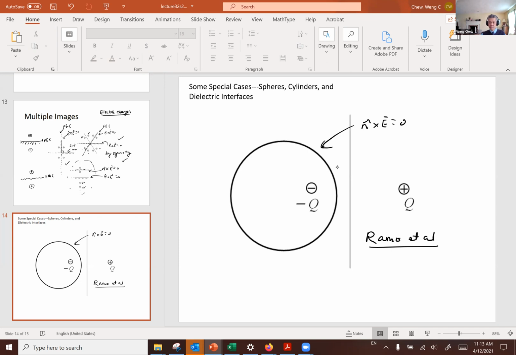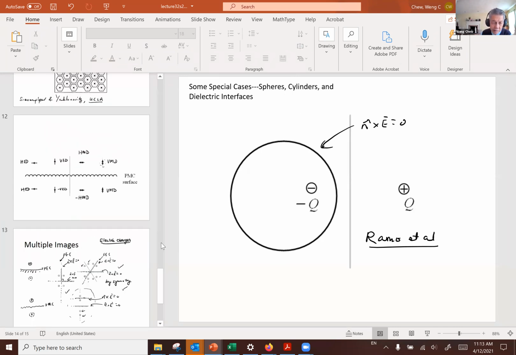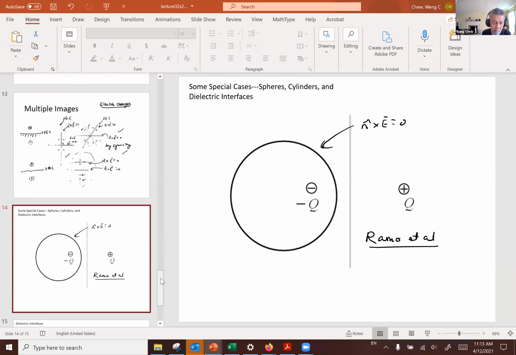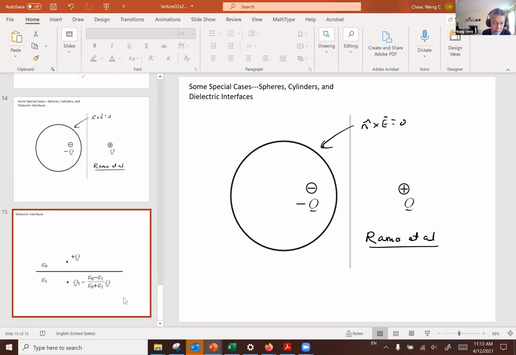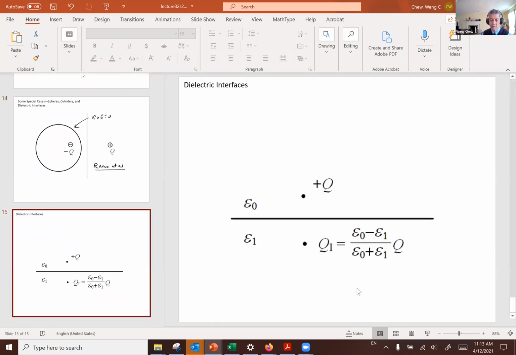And you can go through the mathematics and find the location of the negative charge such that the two charges together, the positive charge and the negative charge, would produce electric fields that cancel each other on the surface of the sphere. And you can also repeat this for a cylinder. Okay, just a lot of mathematics. Okay, but it turns out that this problem is also solvable.